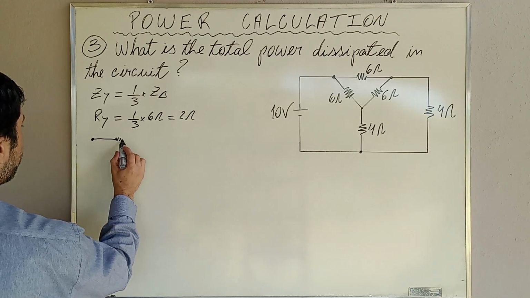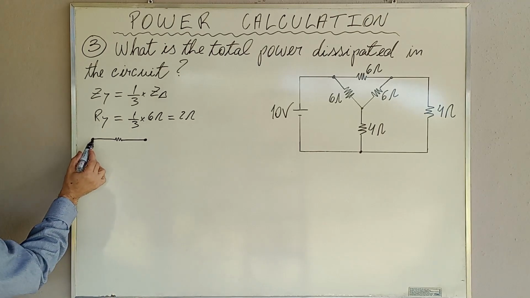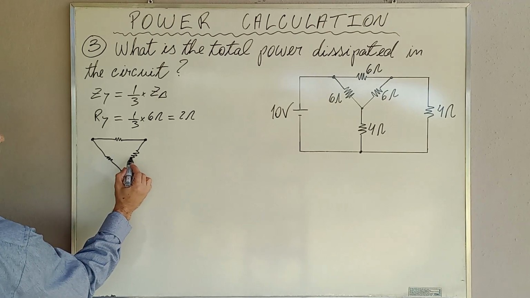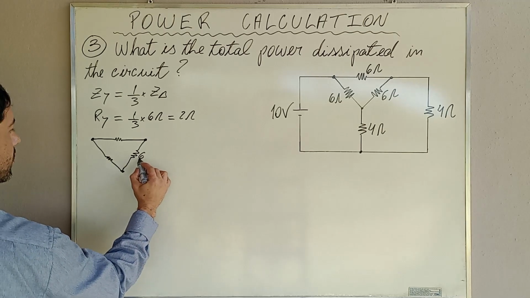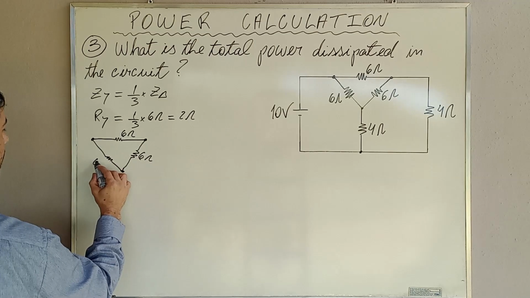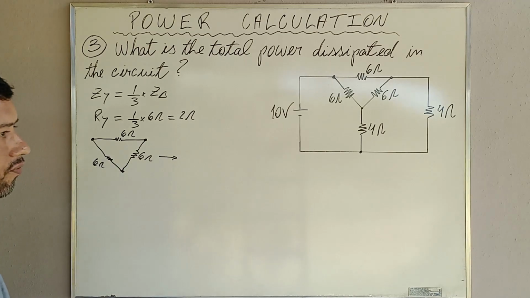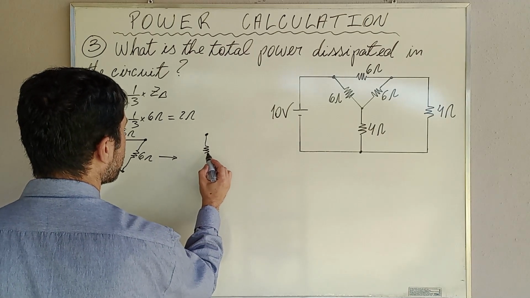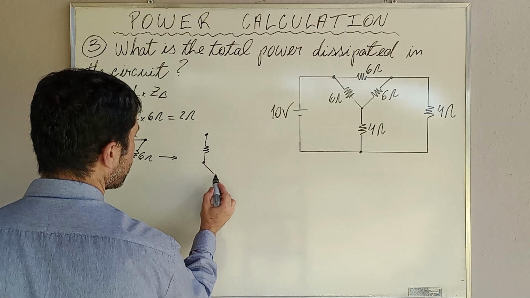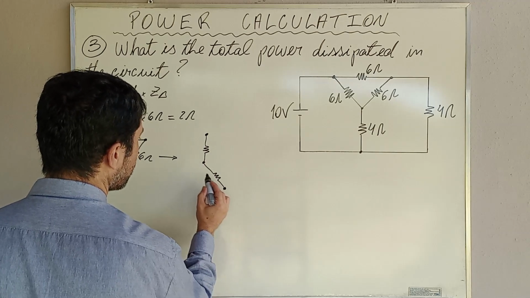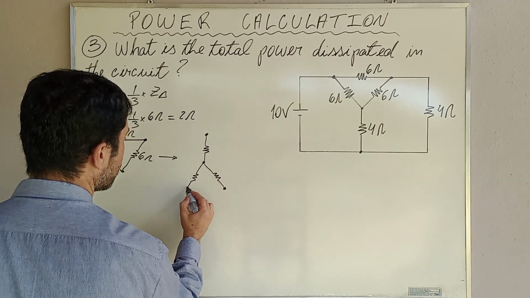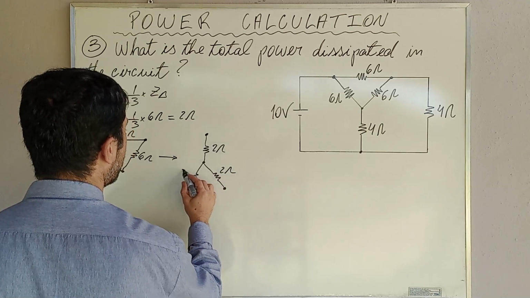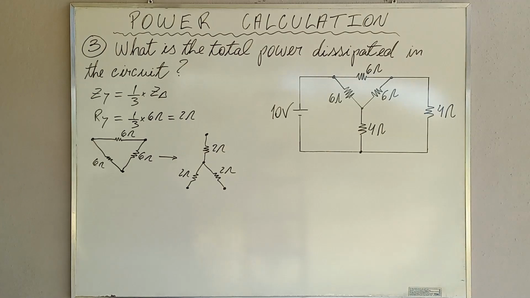The delta 6, 6, and 6 is converted into a Y: 2, 2, and 2.